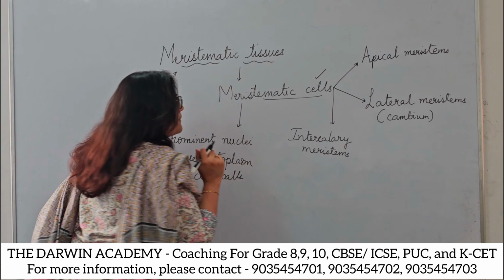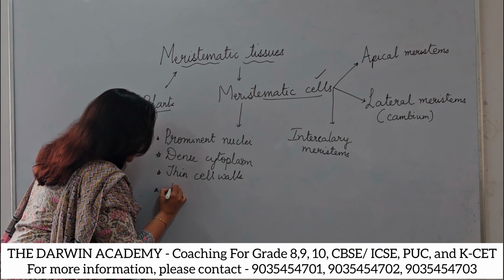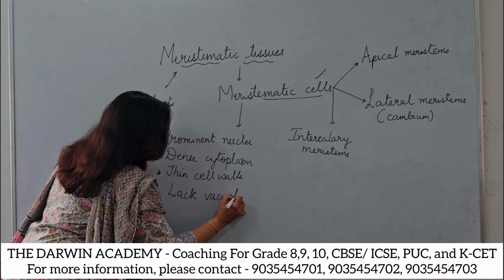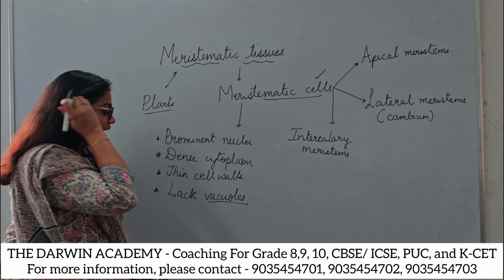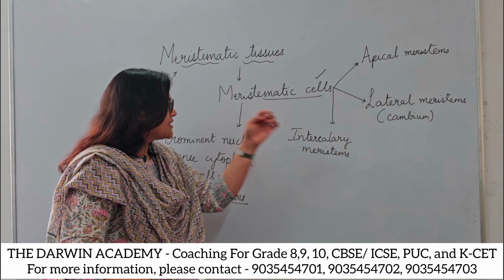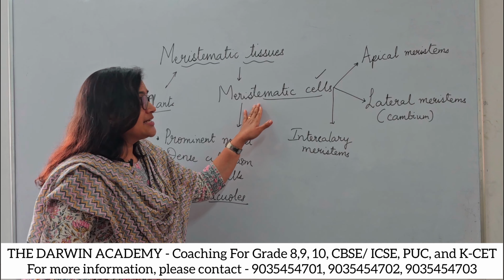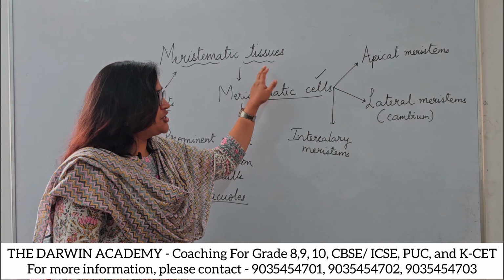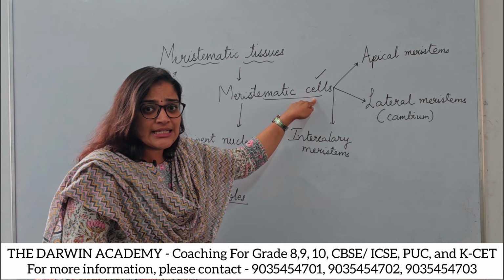That means meristematic cells lack vacuoles. I'll tell you why, but quickly let me go back to where I started it all. We are discussing meristematic tissues. Meristematic tissues are made up of meristematic cells.